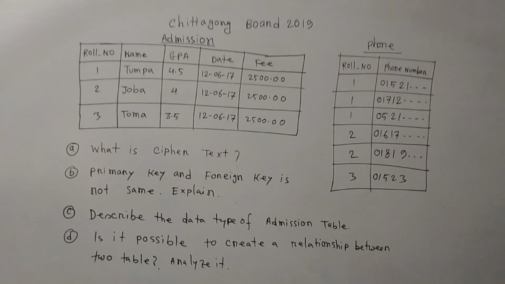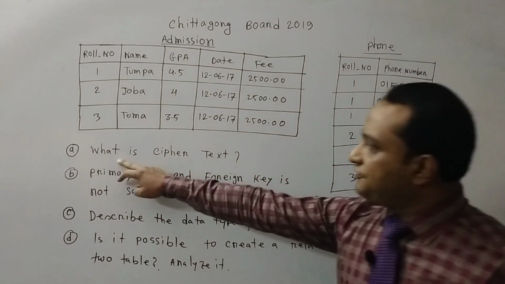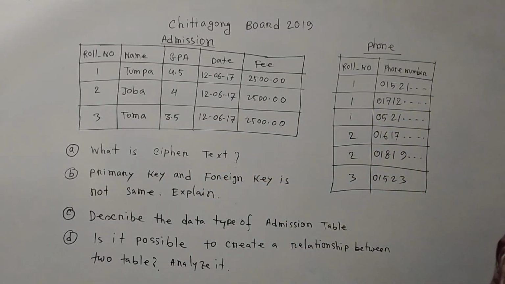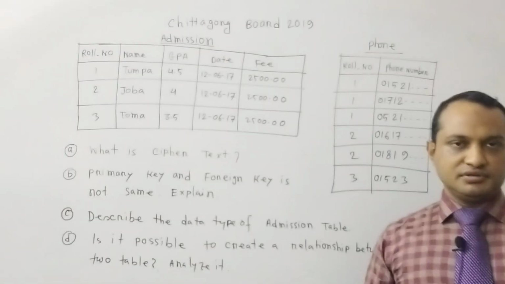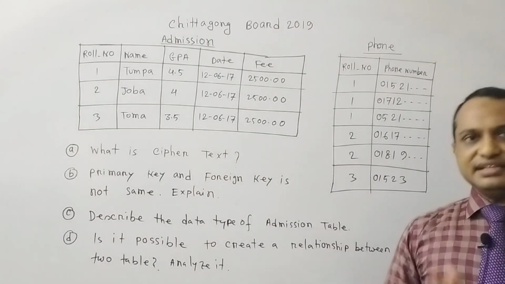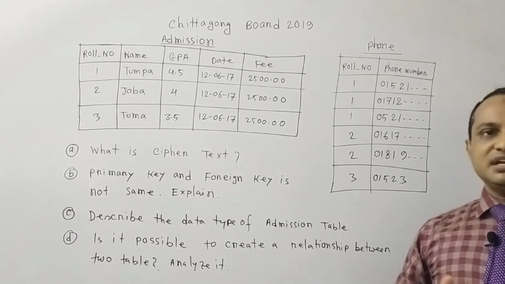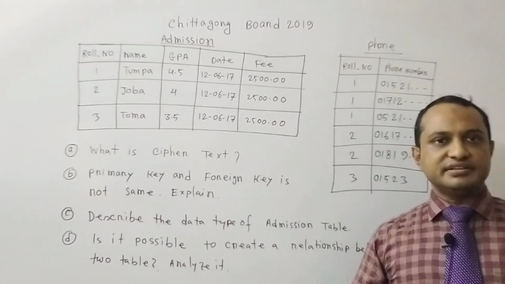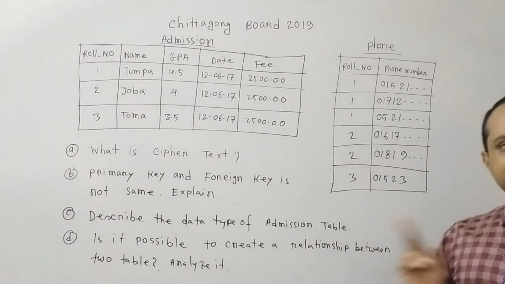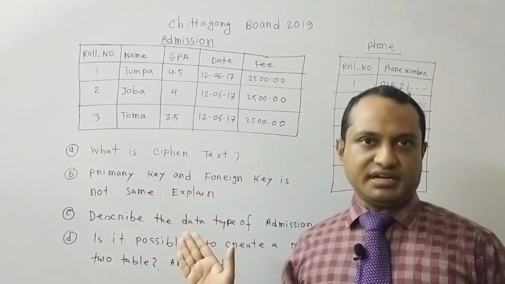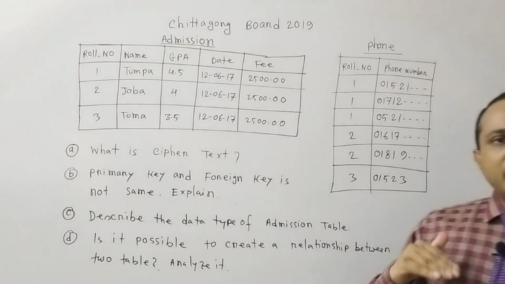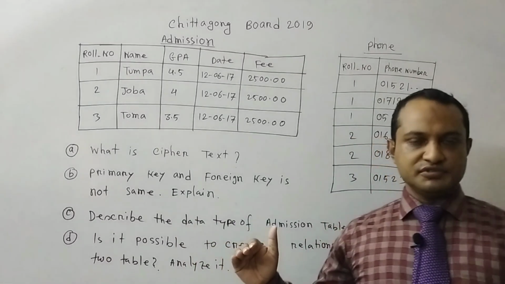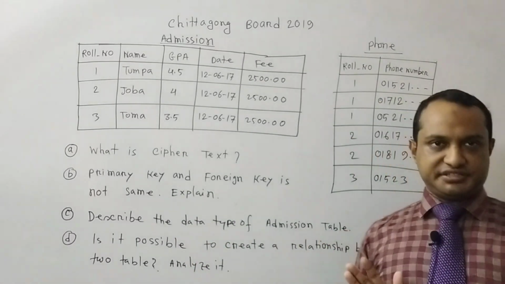Now at first I want to say, what is ciphertext? When we transfer any data from one device to another device, it needs security. To maintain the security of data, data are converted into a different form by using different types of algorithm, so that no one can understand it.